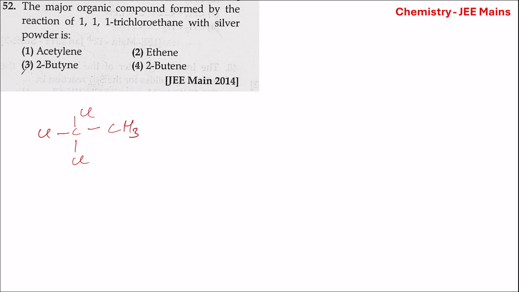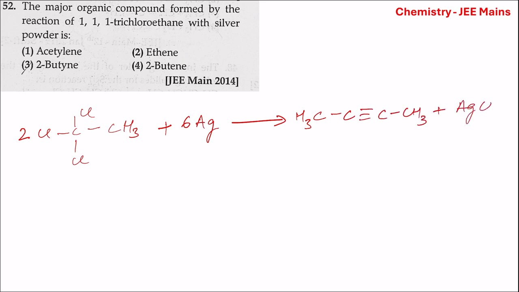Now 2 moles of 1,1,1-trichloroethane react with 6 moles of silver to form the product. This is the product formed. This product is 2-butyne plus AgCl. 6 moles of AgCl are formed.